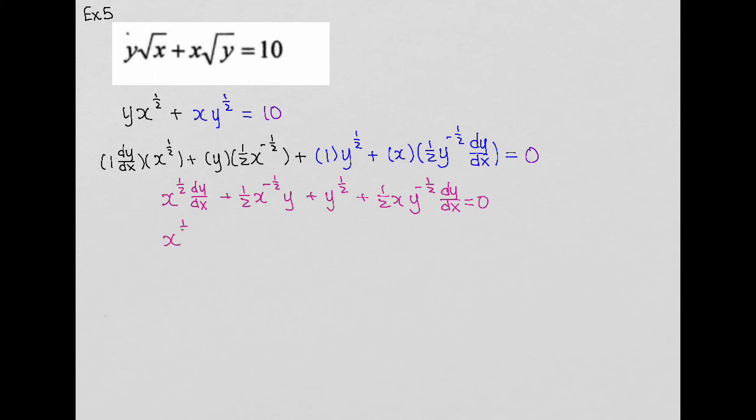And keep all the dy over dx on the left-hand side, and all the terms without the dy over dx, put them on the right-hand side of the equation. The next step we're going to do is get rid of all the negative exponents and get rid of the fraction. Change them back into the radical.